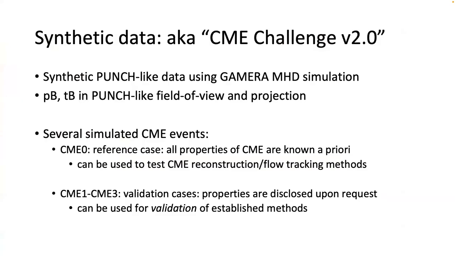For CME 1 to 3, we give the synthetic images we created, but we do not tell you what CMEs we put in the simulation. That's the challenge: to reconstruct the CME structure and then compare with the simulations.